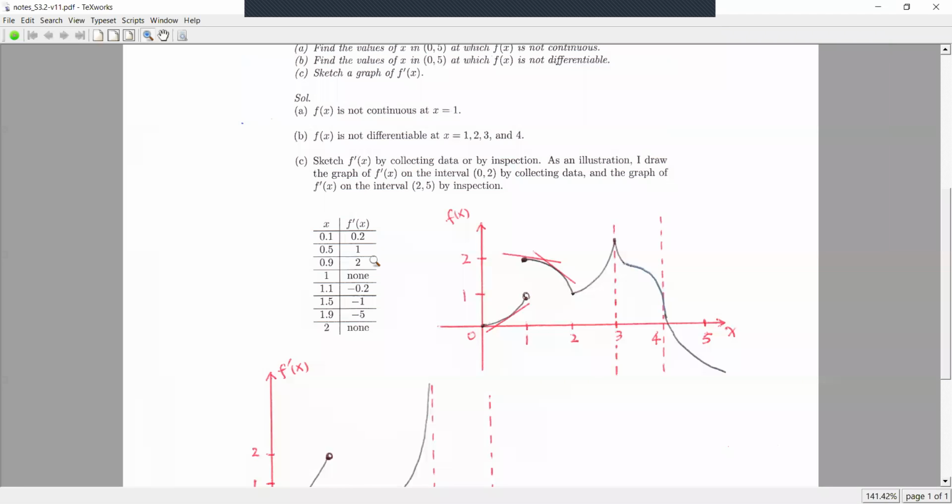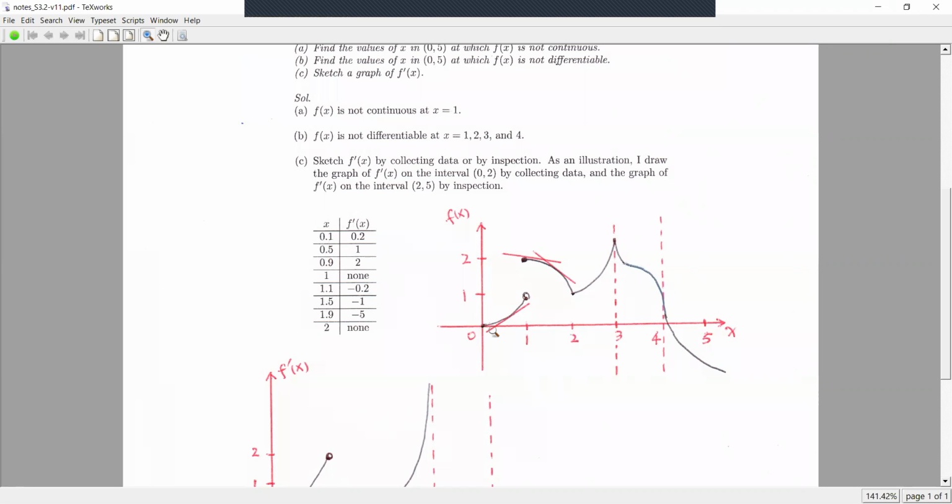I make this table to collect data. Between 0 and 2, I pick these points for x. For the derivative at point 1, x is about here, close to 0.